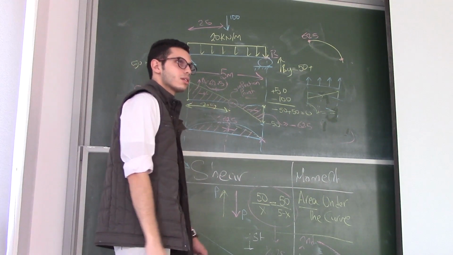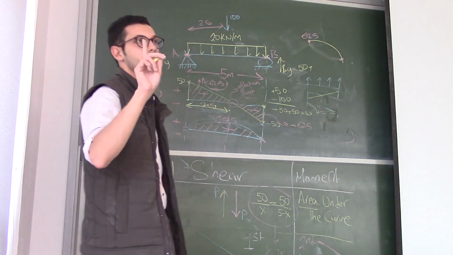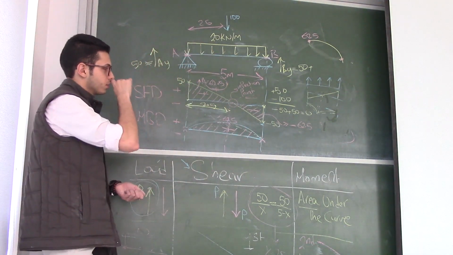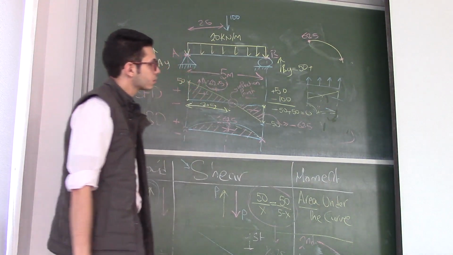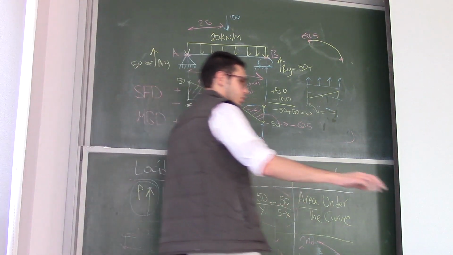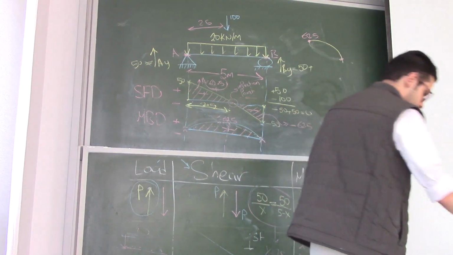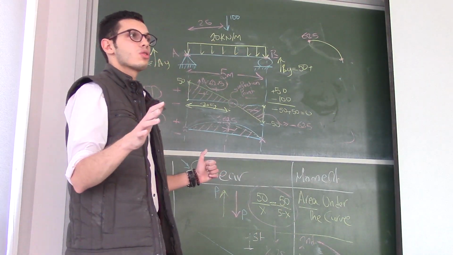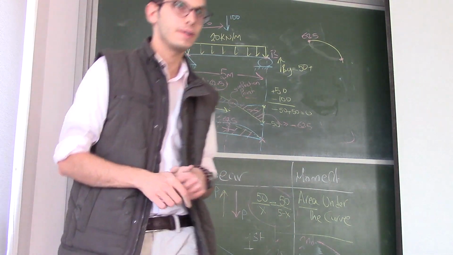It's always over the line, just for the moment, just when you draw the curves for the moment. Is that clear? Any questions so far?